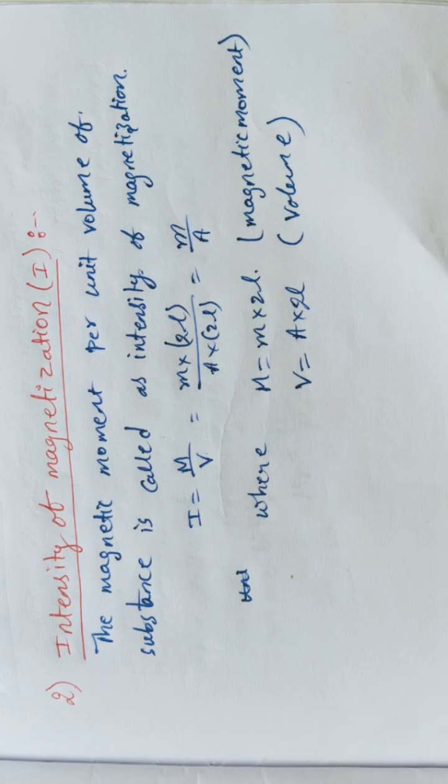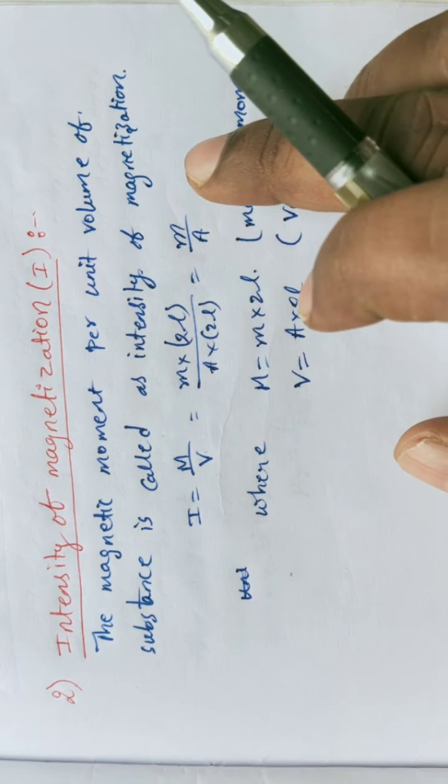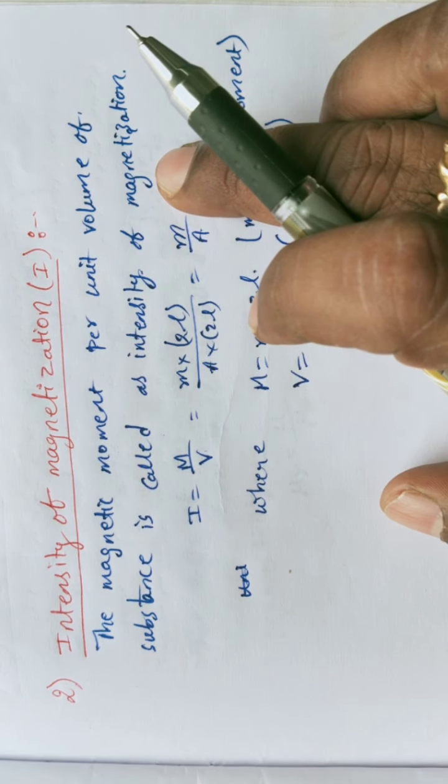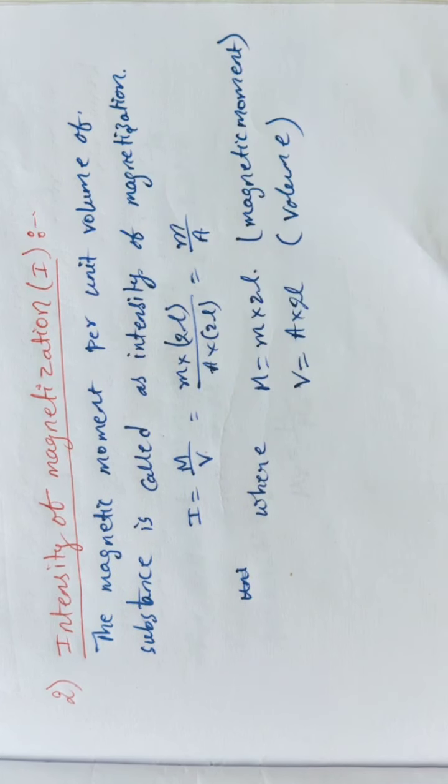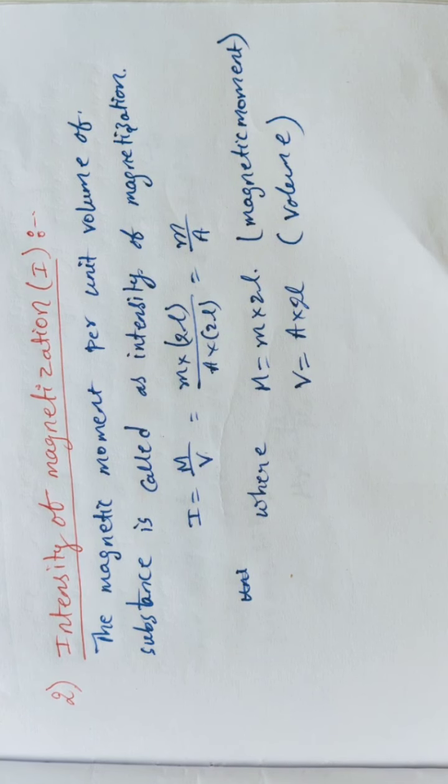And then we are discussing a few things, those are nothing but the units. Units: for pole strength we have the unit ampere per meter, and for area meter square. Finally, on simplification we get ampere per meter as the unit for capital I, or intensity of magnetization. So here also we get a dimensional formula as A by L, or A L inverse.